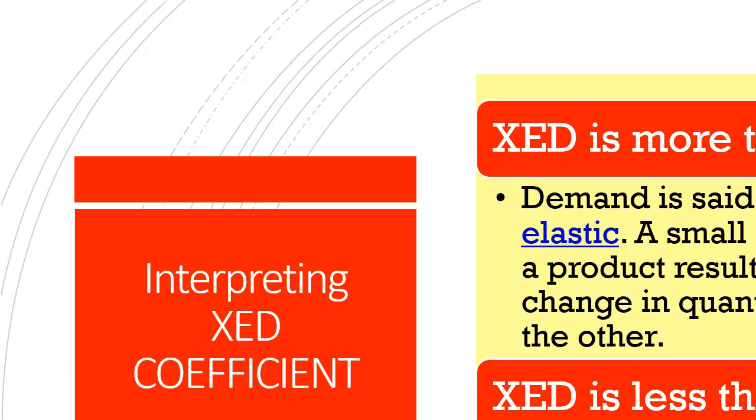Possibility number 2 is that the XED is less than 1. This means that the demand is cross-price inelastic, which means that a change in the price of one product results in a smaller change in the demand for the other.